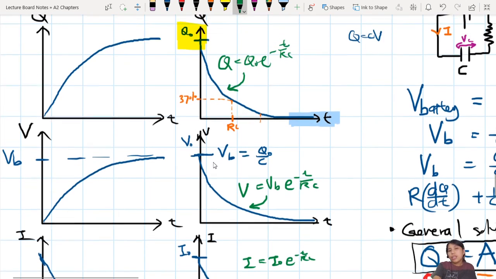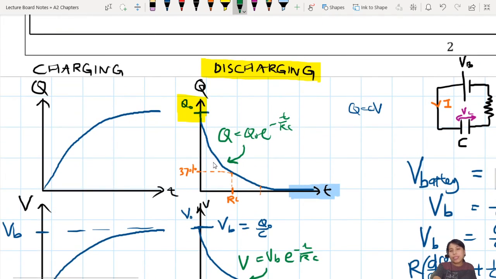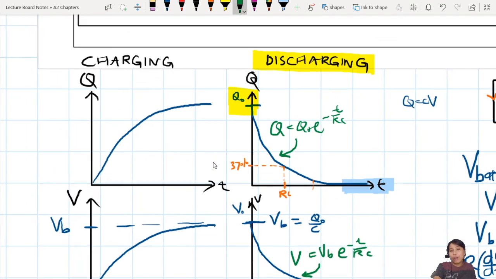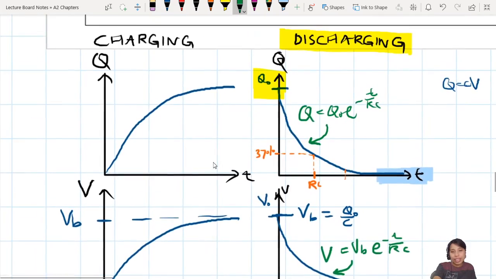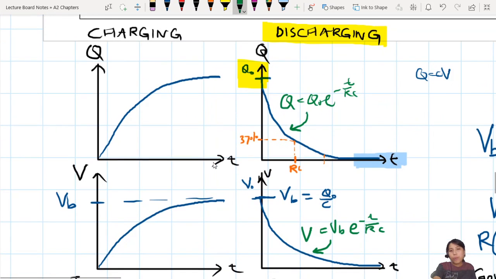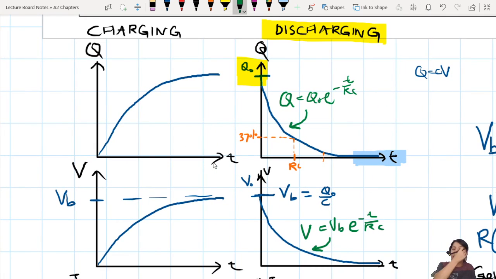Now, if you're curious to figure out more, I encourage you to try out the derivation for charging and discharging. See if you can get the curves. If you are wondering what is the equation for the curve for charging, there's also an exponential, a little bit different.